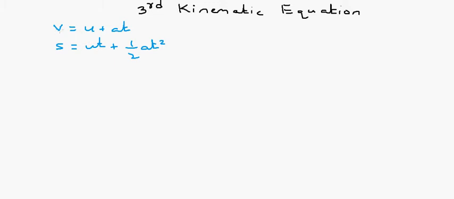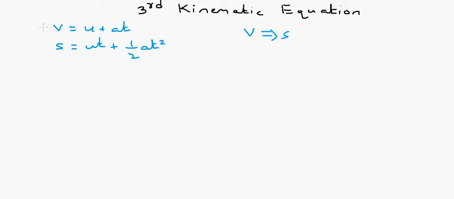But you do not have an equation where you directly relate velocity with displacement. You have to find an equation where there is a direct relation between velocity and displacement, which you do not have in these two equations, right?